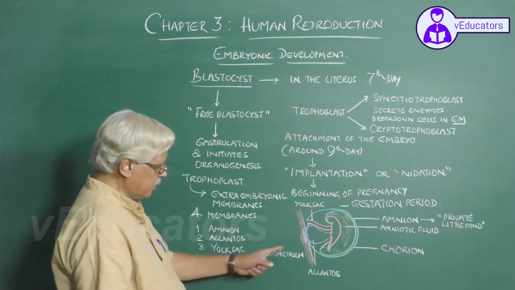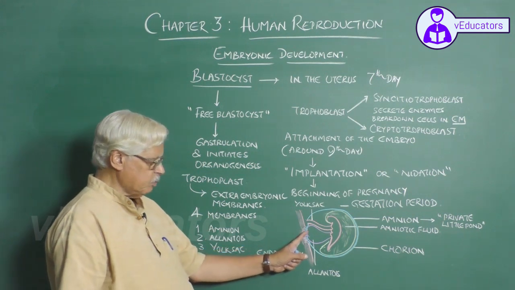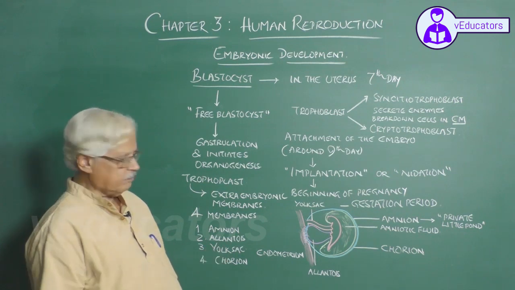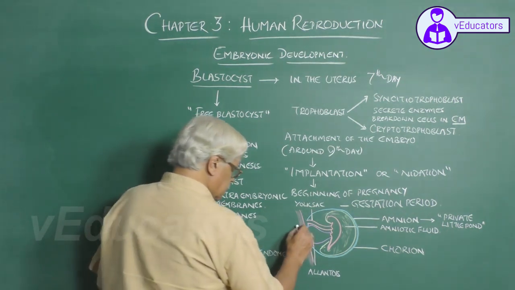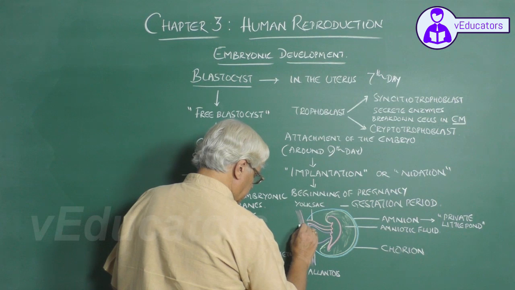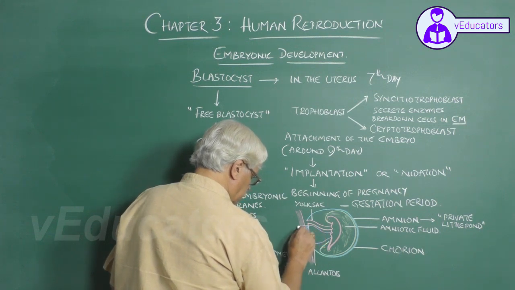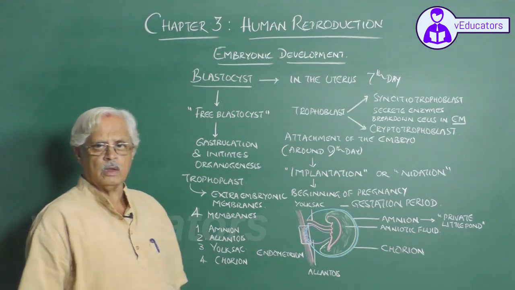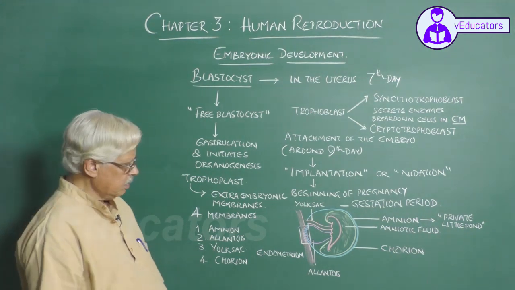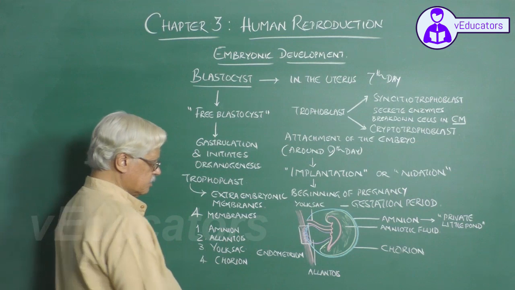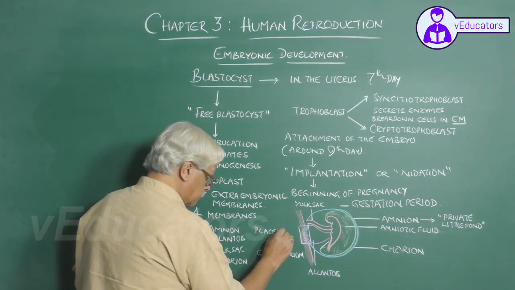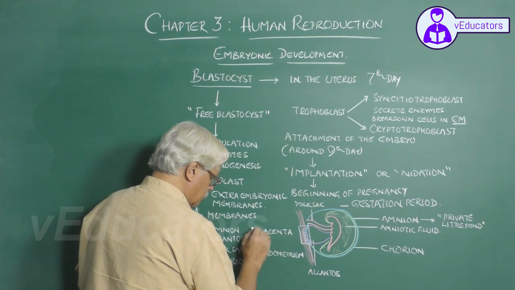So villi of the endometrium and villi of the chorion become intimately connected with one another, resulting in the formation of an organic connection between the developing fetus and the maternal tissues. This organic connection is called placenta.